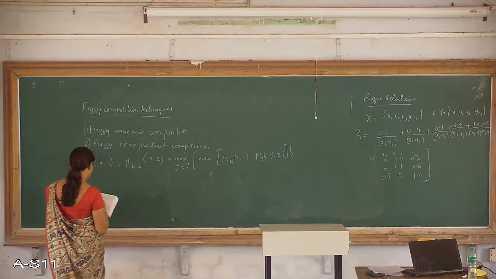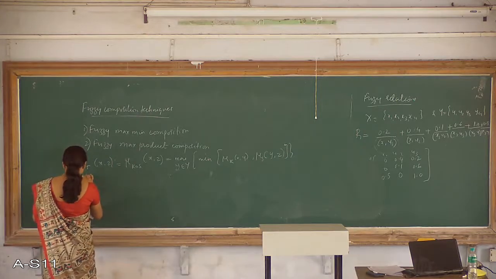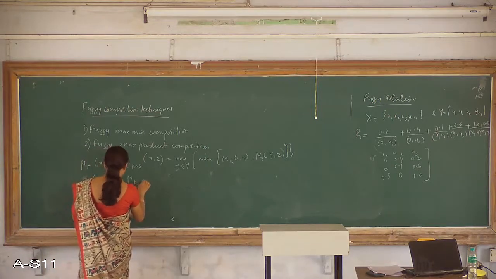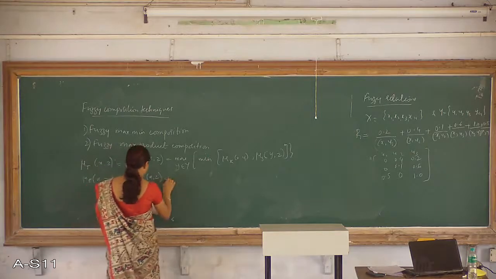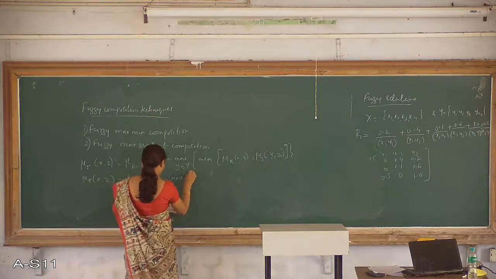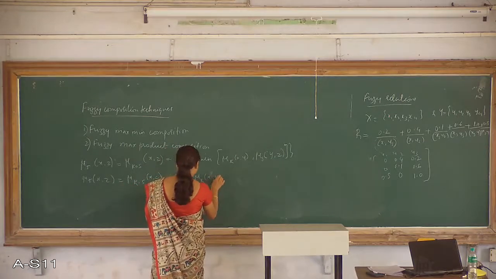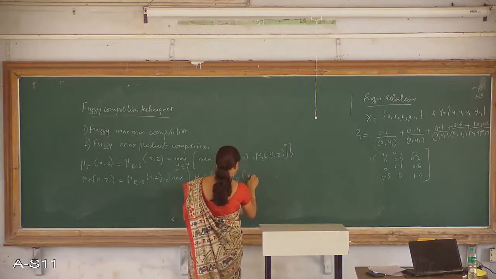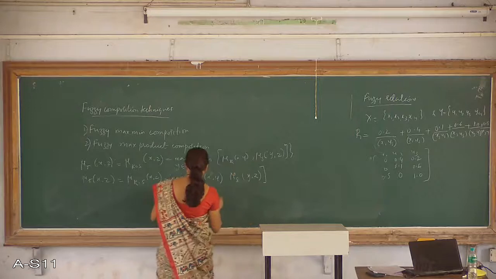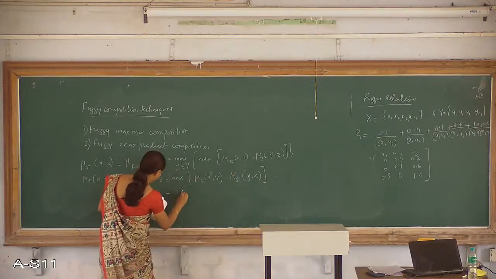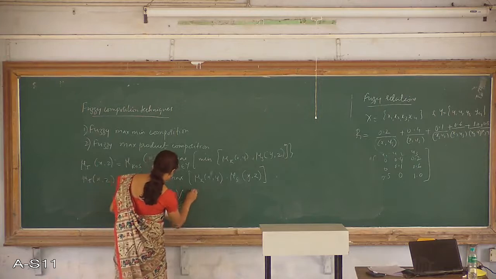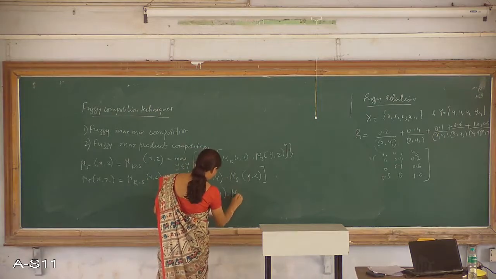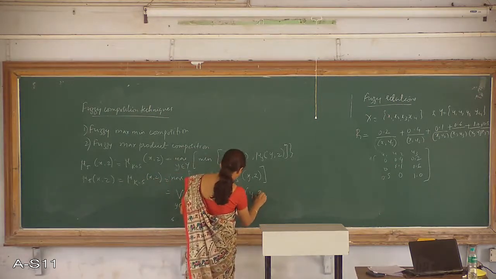Then we have the max product composition. We have mu T of xz, which is equal to mu of R dot S of xz, which is equal to the max over every y belonging to capital Y of mu R of x comma y dot mu S of y comma z.